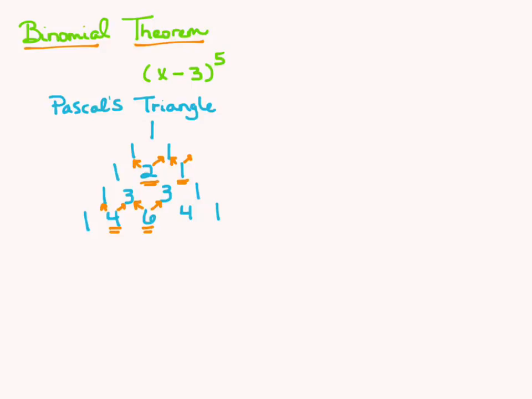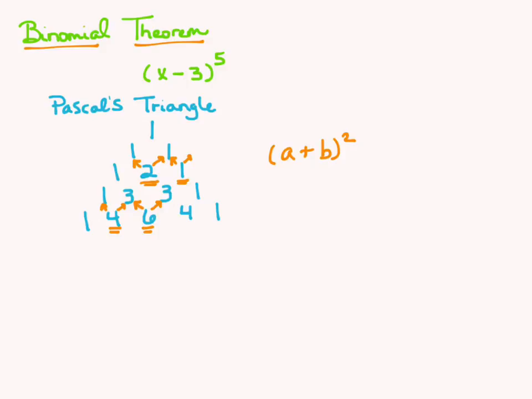And these numbers actually become coefficients on an expansion of a binomial. So let's start with one that maybe we're a little bit familiar with. Let's say that I have (a + b) squared.